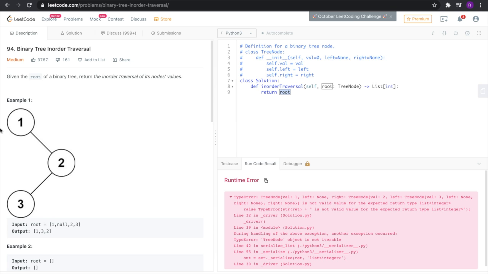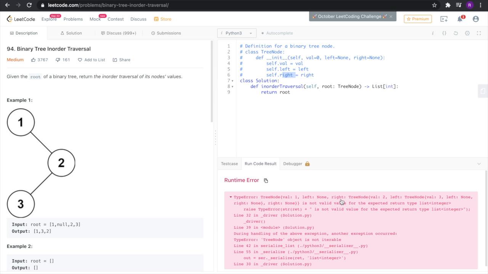of the first node, because root is looking at the very first node, will have val, left, and right parameters. And each parameter has its own unique tree node or integer.